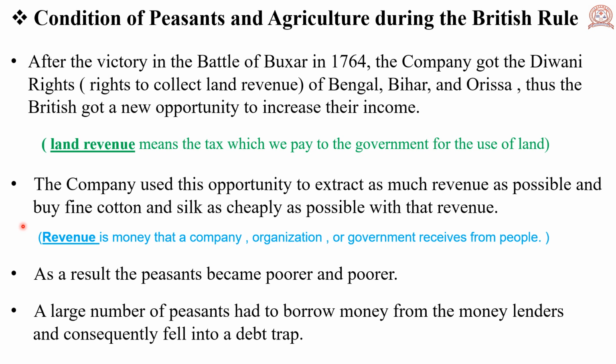The East India Company collected land revenue from the people of Bengal, Bihar, and Orissa. With that revenue, they bought cotton and silk at a cheap price from the peasants.